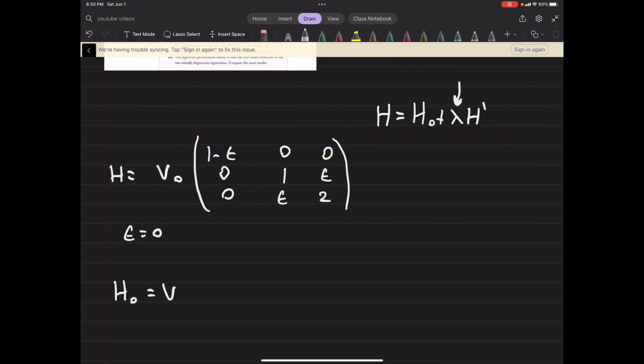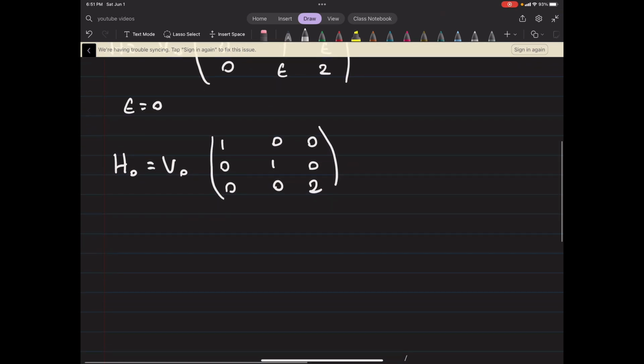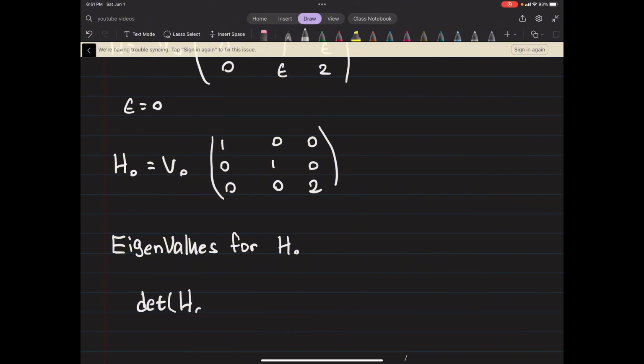So H naught then is V naught 1 0 0, 0 1 0, 0 0 2. Okay. Now to find the eigenvalues for H naught, all we need to do is the determinant of H naught minus our eigenvalues lambda times the identity matrix.